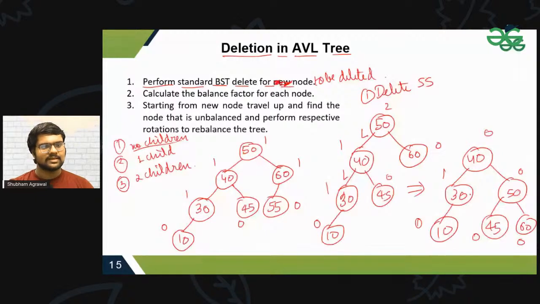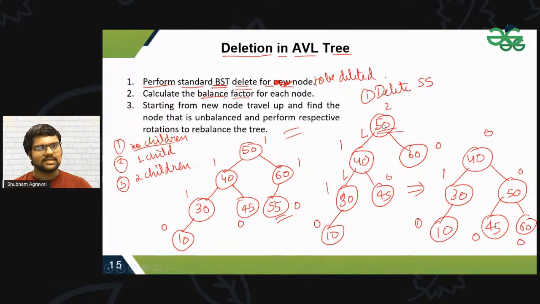So in this way we are going to delete an element in an AVL tree. First we perform the standard BST operation, and then we compute the balance factor for each node, and we see which node is unbalanced, and then we perform the rotation according to the unbalanced factor.